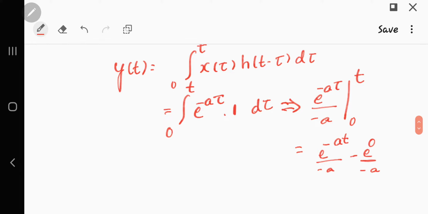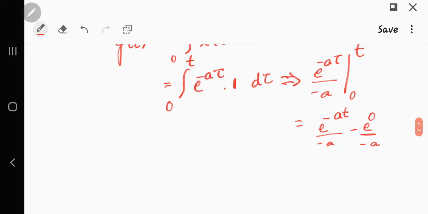You can take this 1 by a outside. e power 0 is 1, and minus into minus becomes plus.